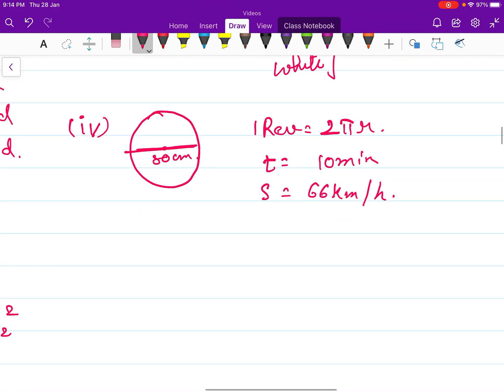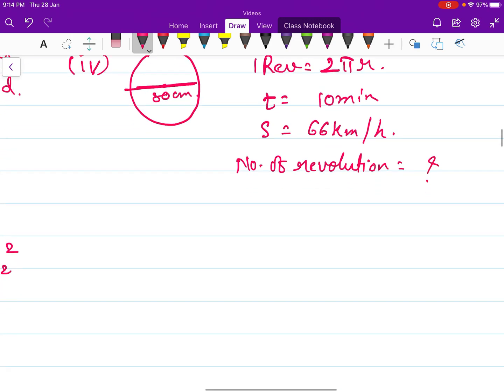We are supposed to find the number of revolutions. So very easy. First we'll have to convert everything into either centimeter or meter. So radius is equal to 80 upon 2, which is 40 centimeter, which is 0.4 meters.